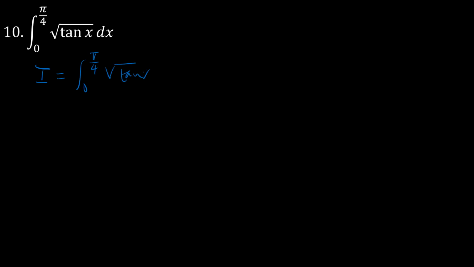So this is a very interesting problem, and it's actually very tricky. First thing I would like to do is just use the notation I to be equal to the integral from x equals 0 to x equals pi over 4 of the square root of tangent of x dx.